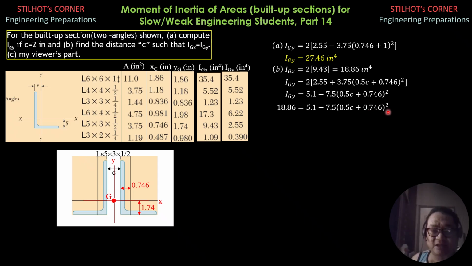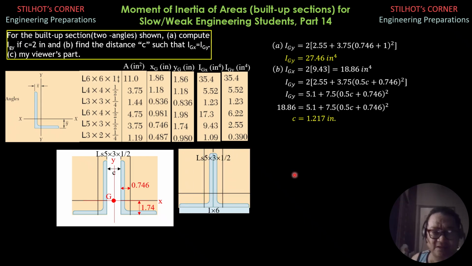This is by quadratic equation, quadratic formula, then you will get C equals 1.217 inches.